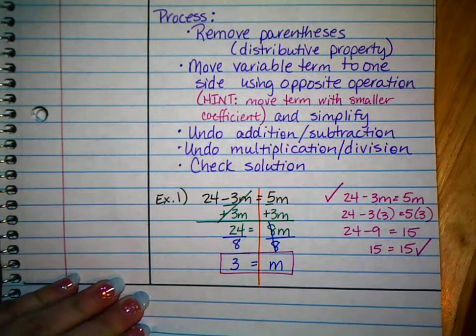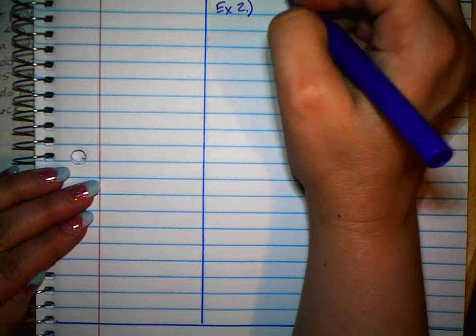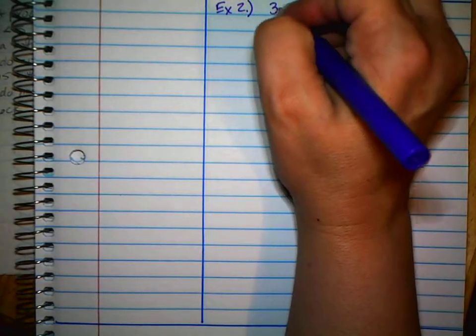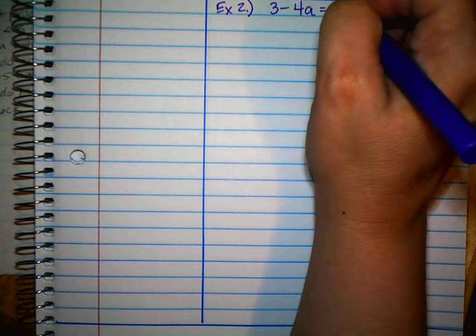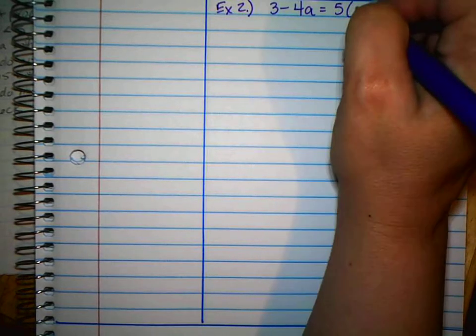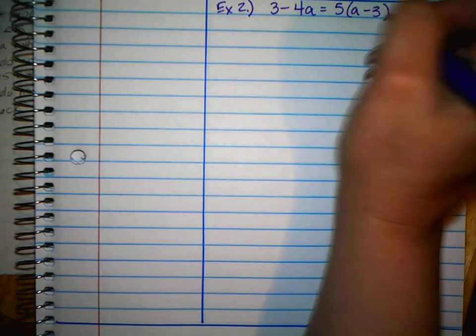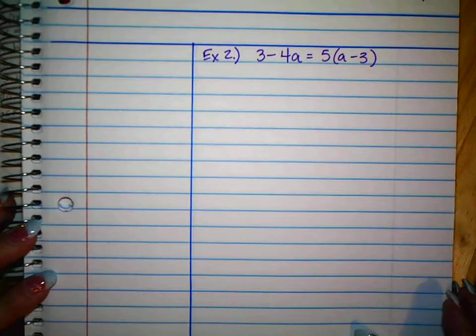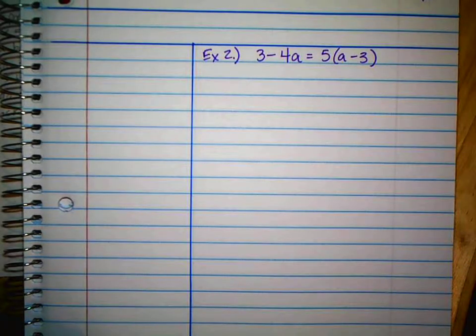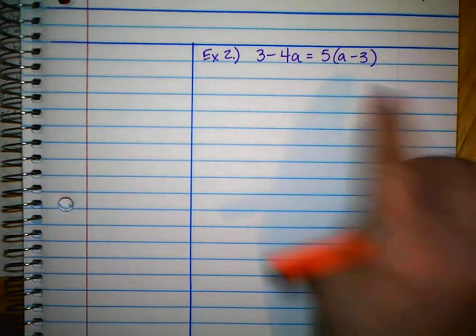And let's do an example. Example 2. And this one, as you can see, has distributive property in it.